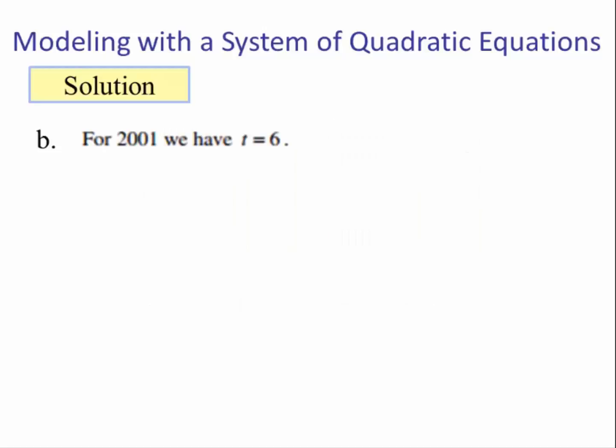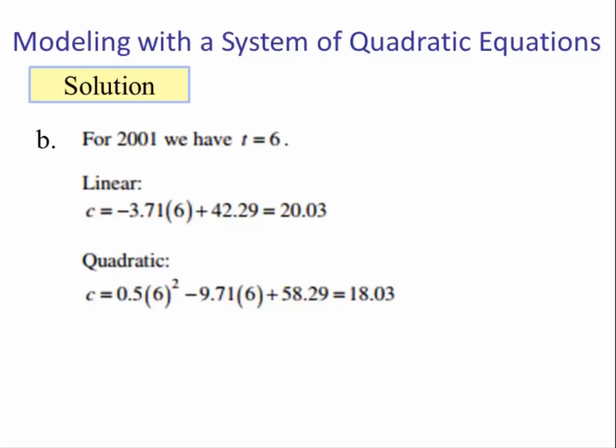B, for the year 2001, that means t is equal to 6. Plugging 6 into our linear model, we have an output of 20.03. And for the quadratic, we have an output of 18.03.